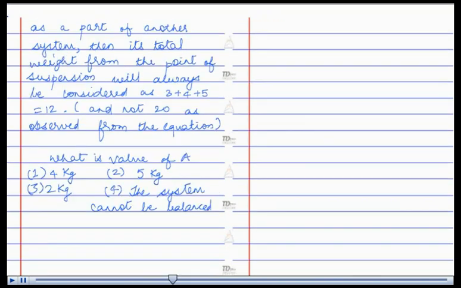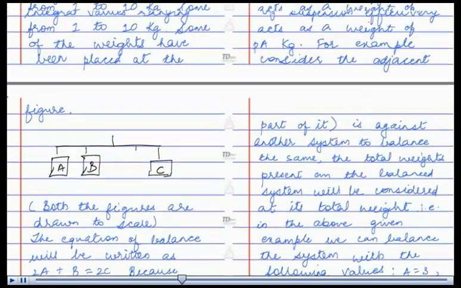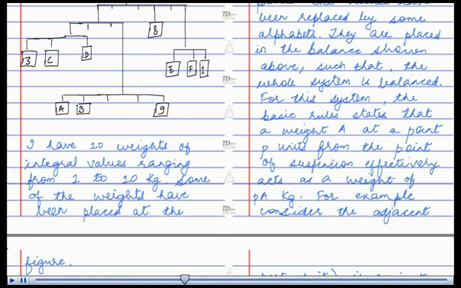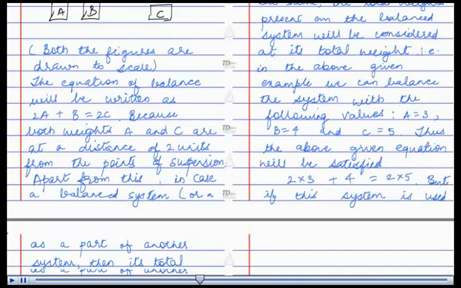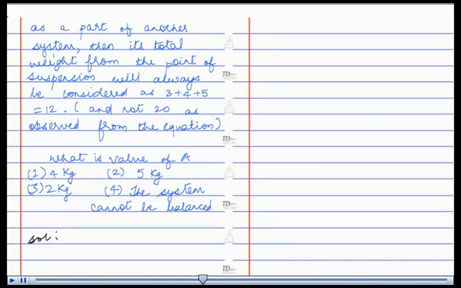Solution. From the given balance, we can see that one of the equations will be twice 3 into C plus D as formed from this point of suspension. Therefore, we can write 2 into (3 plus C) is equal to D. This implies D minus C is equal to 6.